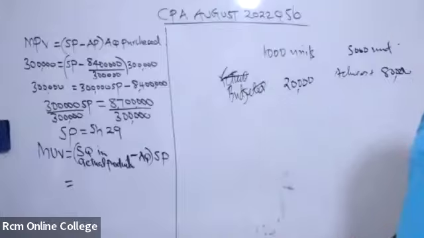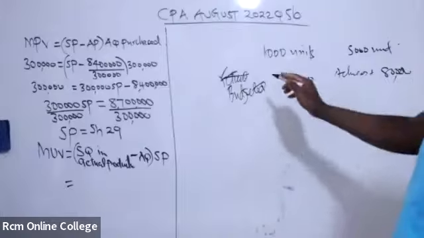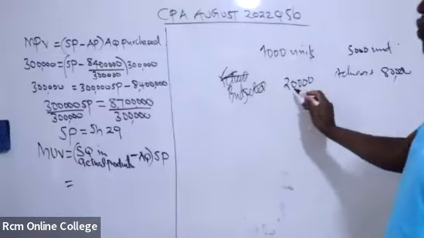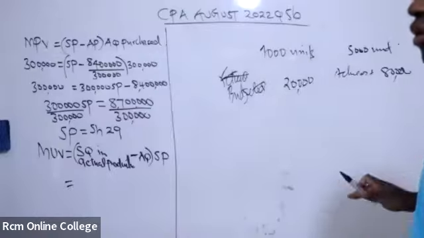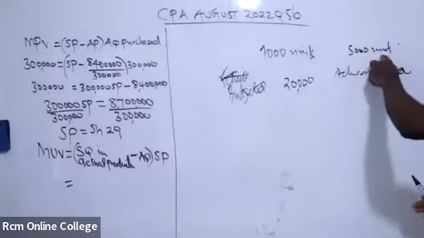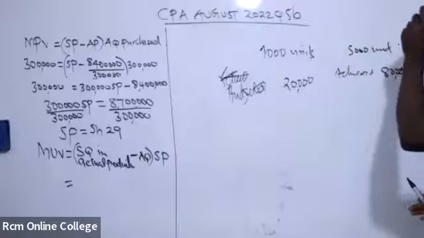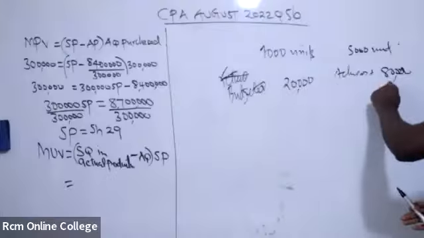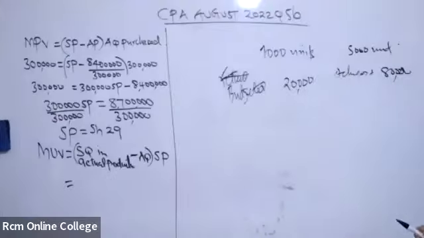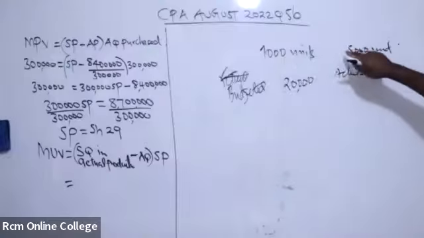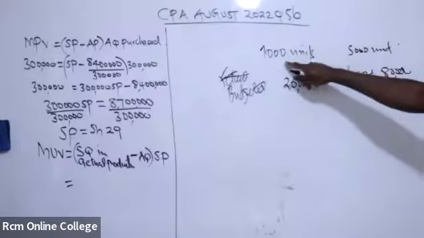It cannot make sense at all. If you did a budget to produce 1,000 units and your budgeted cost was 20,000, your actual production is 5,000 units with an actual cost of 80,000. We can't compare this and say the variance between these two is 60,000. No, that cannot work. Why? We cannot do comparison when we have difference in quantity. We must equate the unit.